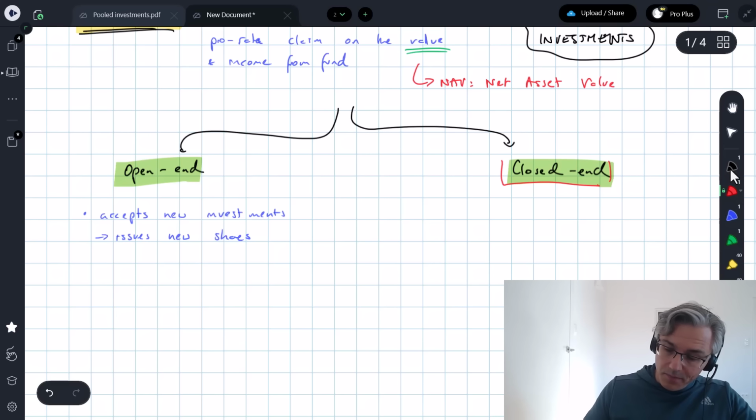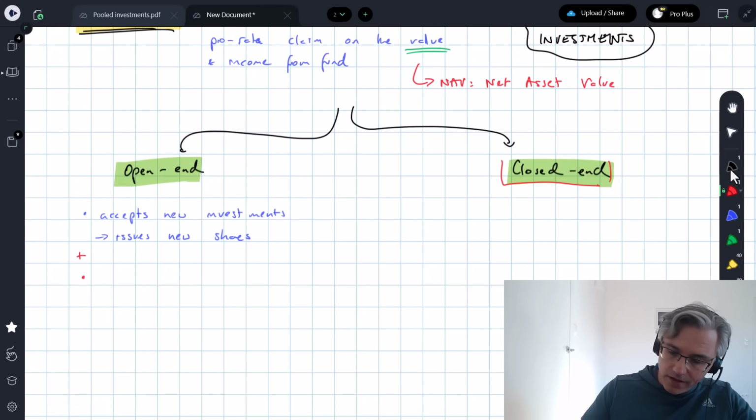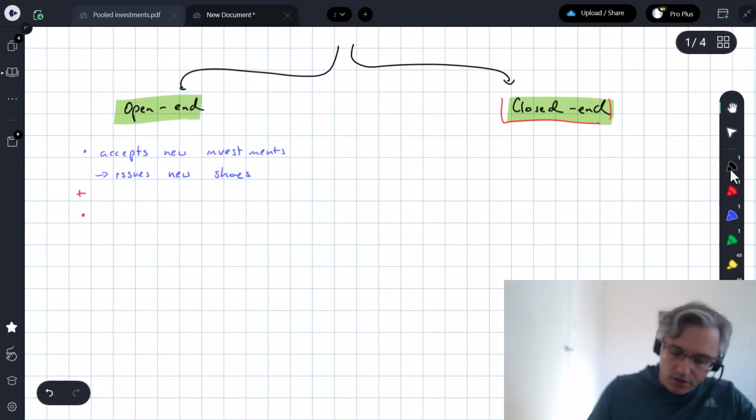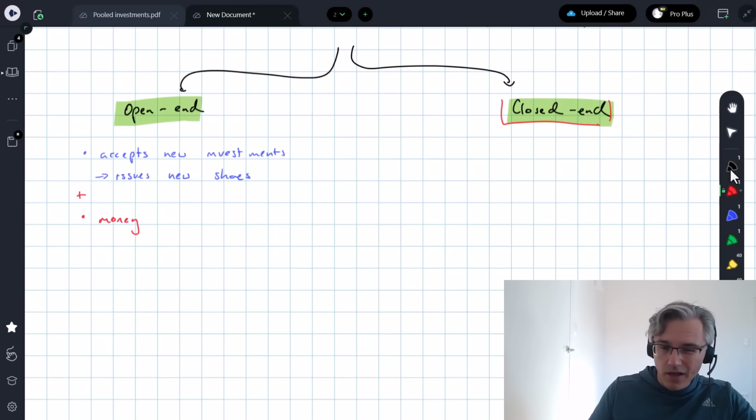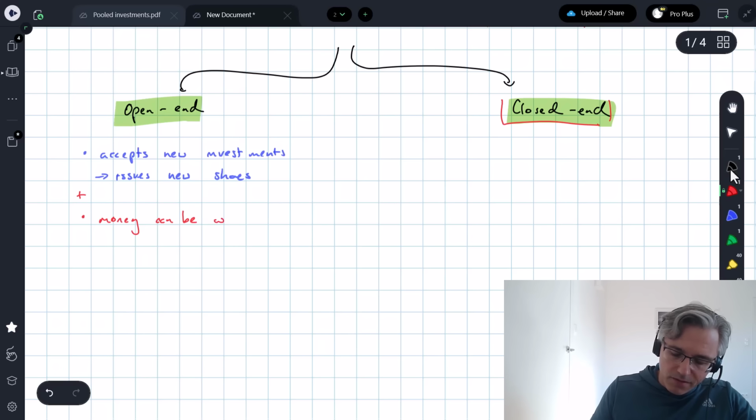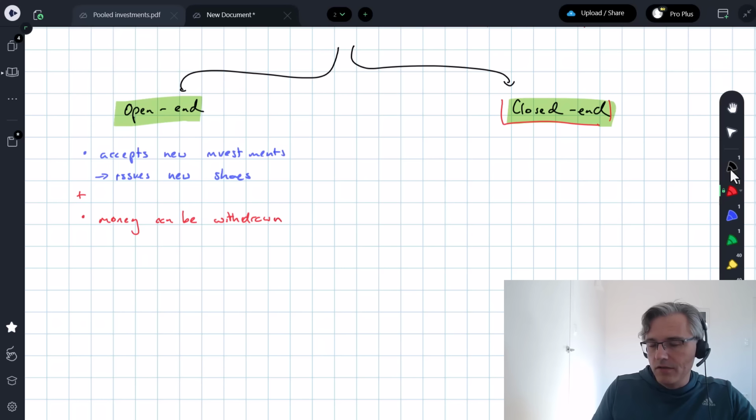At the same time, the fund also allows you, that's the investor, to withdraw your money, so money can also be withdrawn at any time. Well, not necessarily at any time, but with most of the funds available to the general public at any time. Money can also be withdrawn, although with some funds that withdrawal is only possible on specific dates.